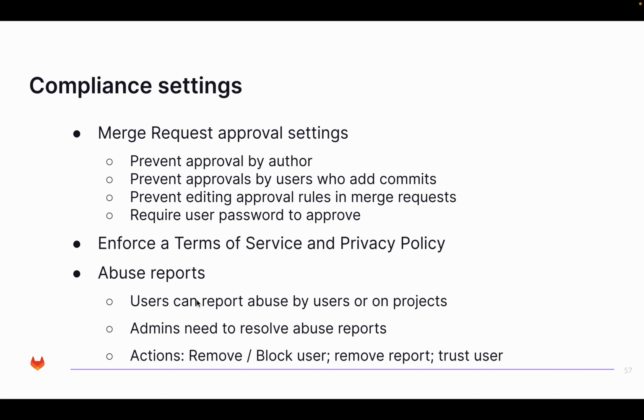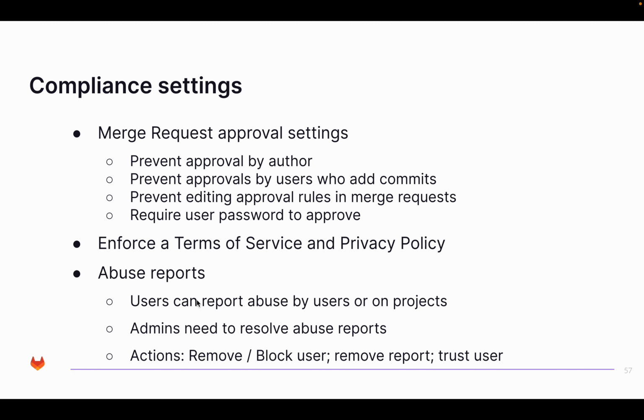You don't want people overruling your compliance settings. And you can even require a user password so that you are 100% sure that the user approving your merge request is authenticated and not someone hijacking a session, for example.